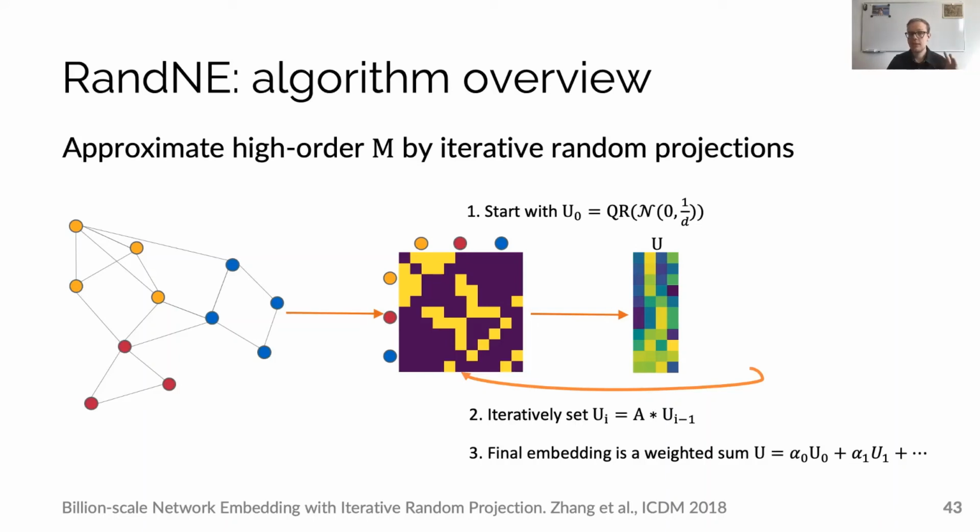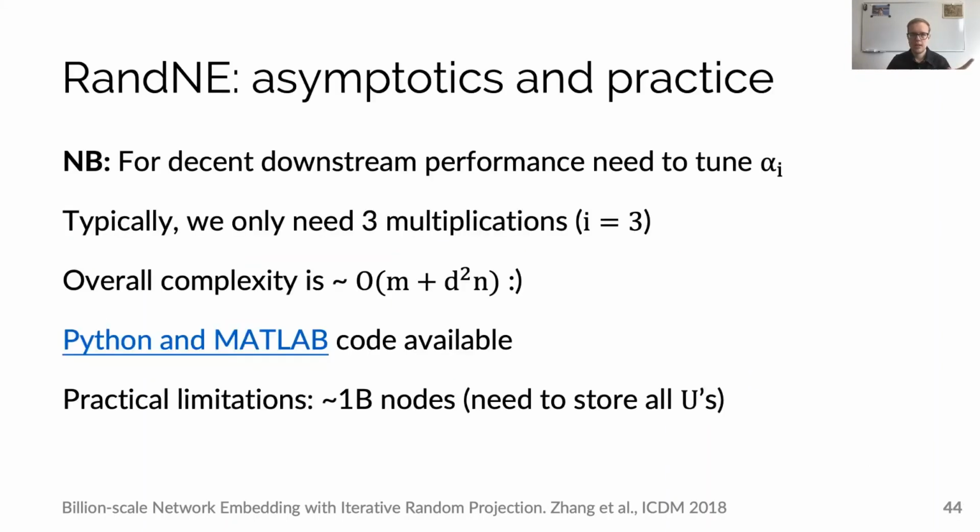Typically we do this 3 times. And for decent, not good, decent downstream performance, we need to tune the alphas. We need just 3 sparse matrix-matrix multiplications. So overall complexity is really nice.